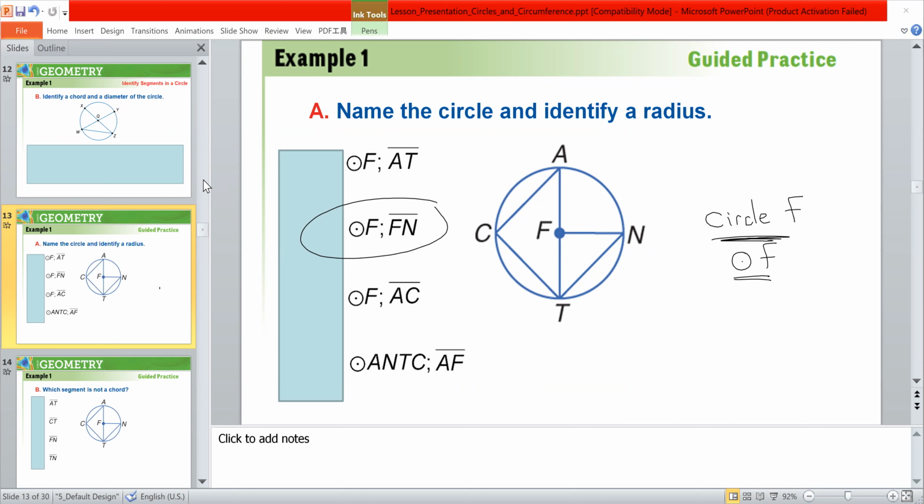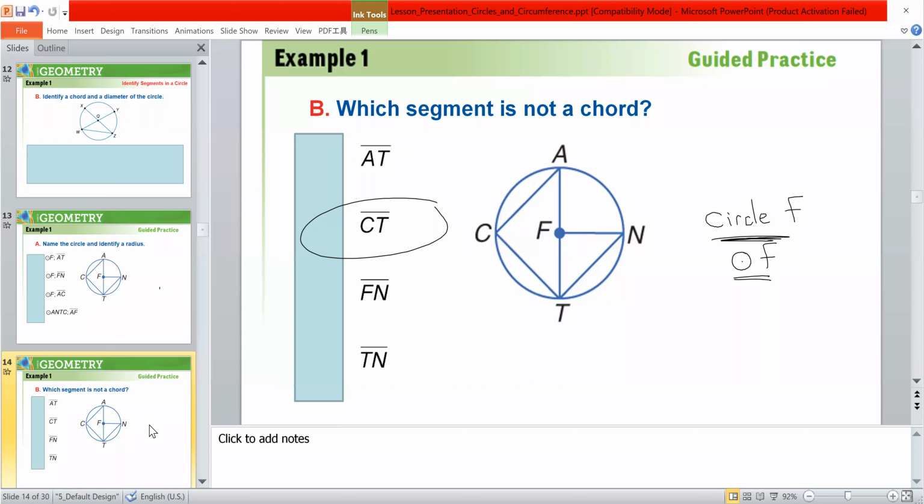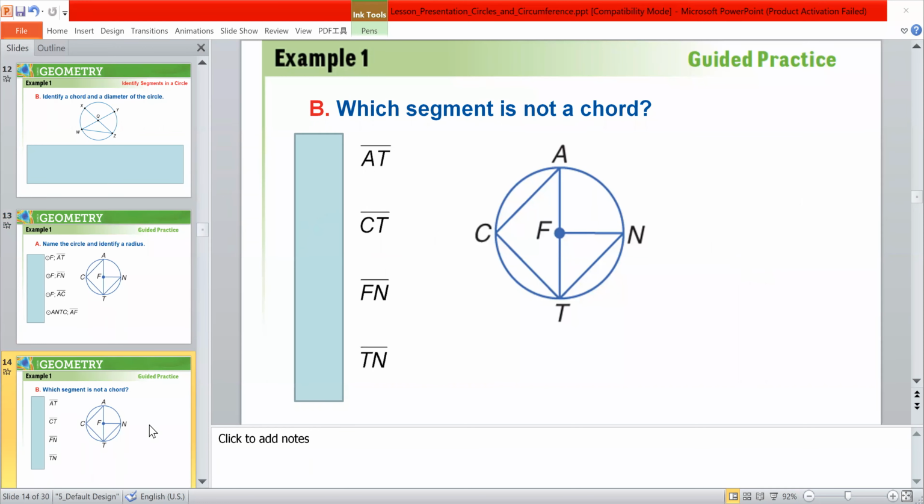Thanks, Naif. We're going to another example. Which segment from the following A, B, C, D is not a chord? Mazen. The line FN. It means all these segments are chords except one, which is FN.